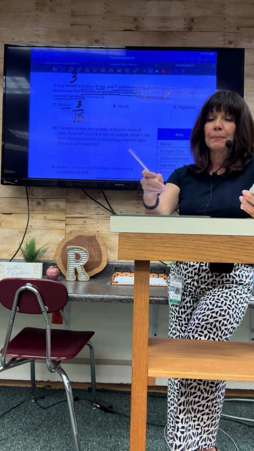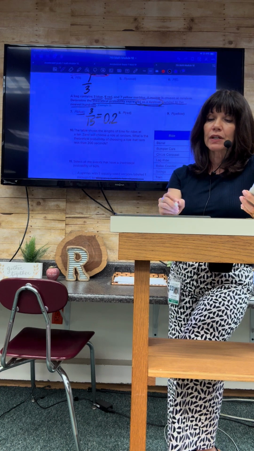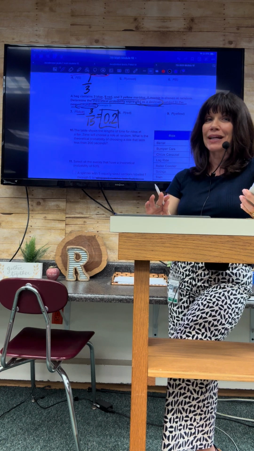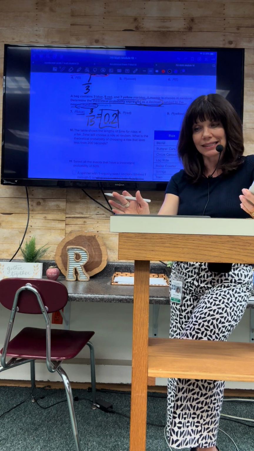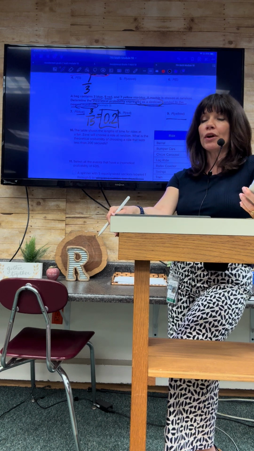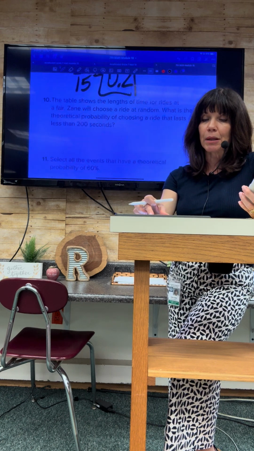What do you see? 0.2. Now they said round to the nearest hundredth, but guys, that's if needed. Do we need to round to the hundredths place if it ends in the tenths place? No, we do not. All right, do you understand how you would do the same procedure with red and with yellow? Okay, let's move on then to item number 10.